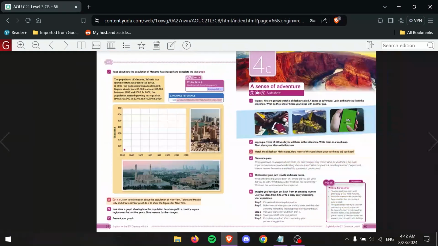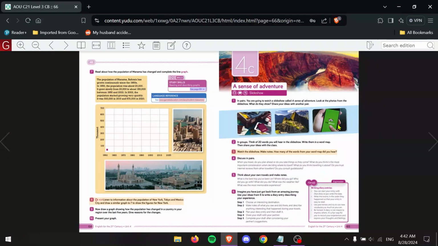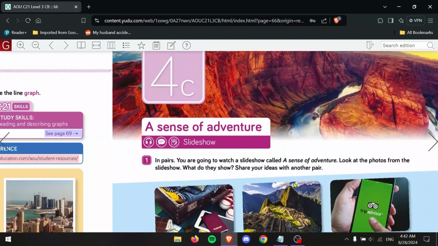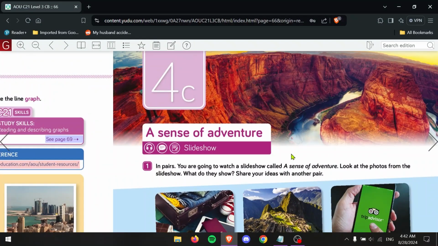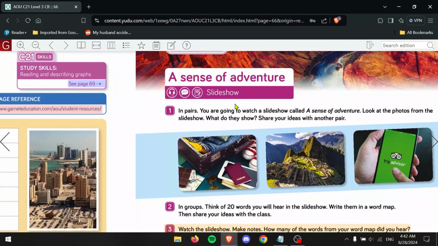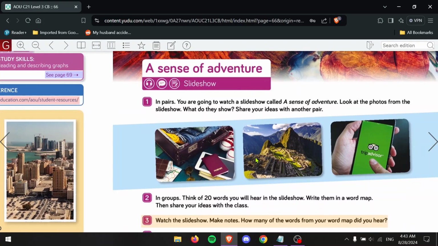All right, let's see here. Now we're going to be moving to the third part of Unit 4, which will be for C. We have a sense of adventure. That sounds exciting. Looks like we're going to be watching a slideshow video together. But before we do that, let's take a look at the pictures here.